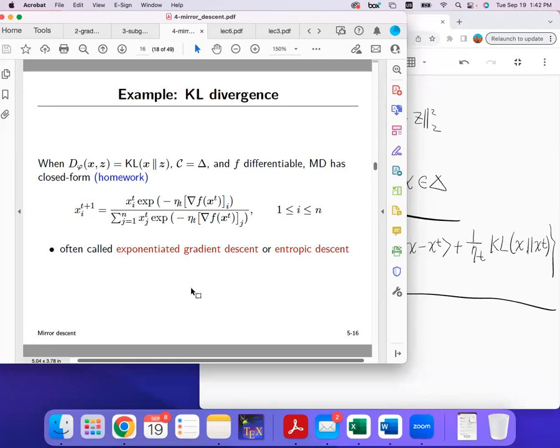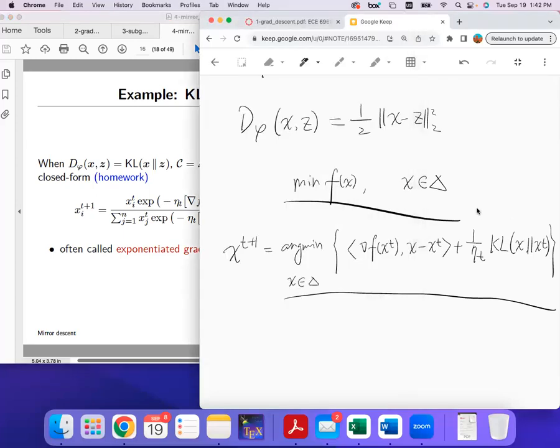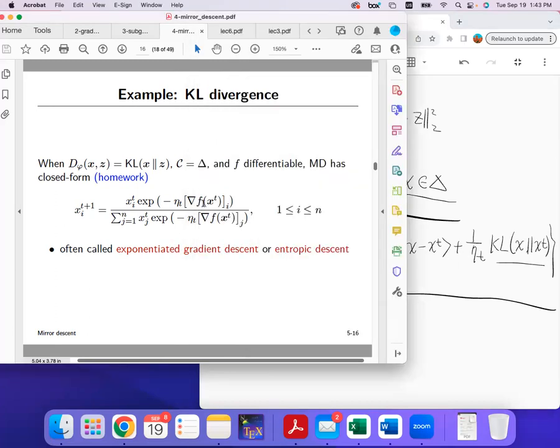This is much easier than performing a projected gradient descent, because if you do projected gradient descent, projecting onto this simplex is very complicated. But here, introducing the KL divergence automatically handles this constraint.